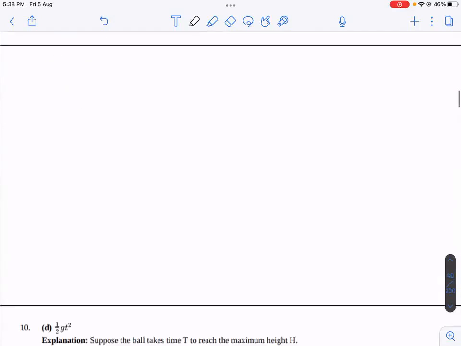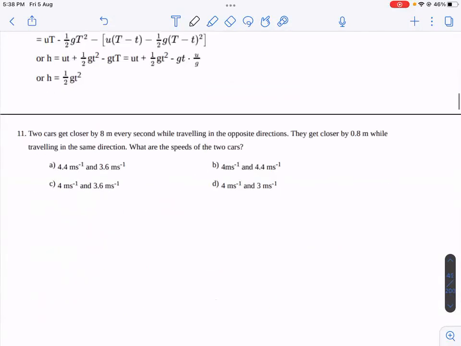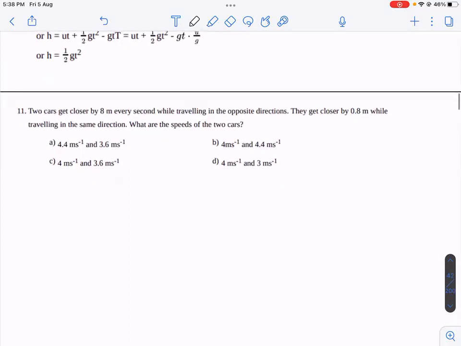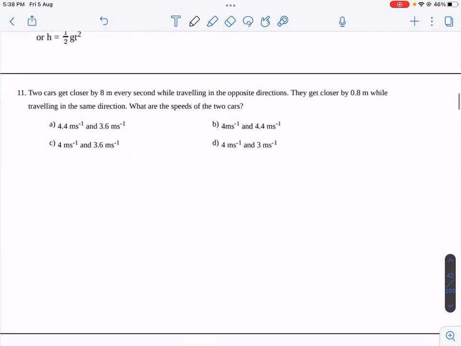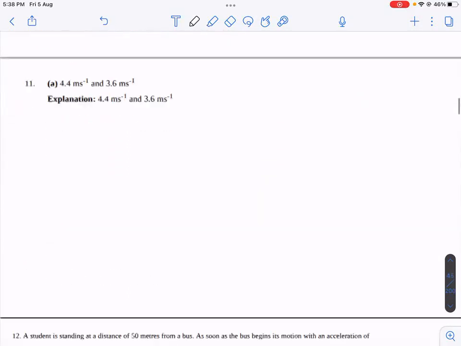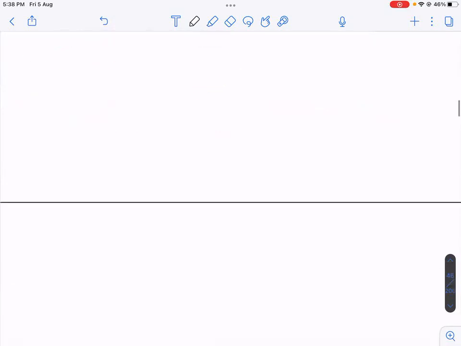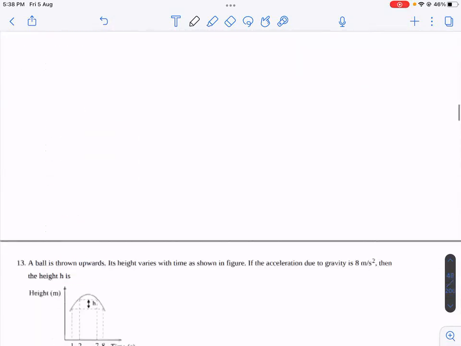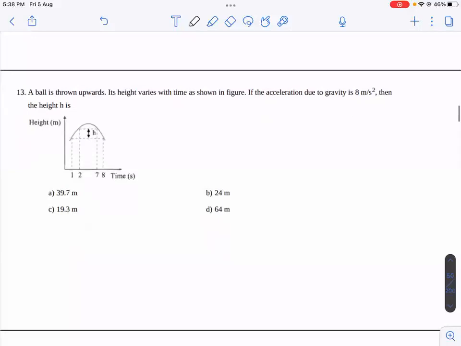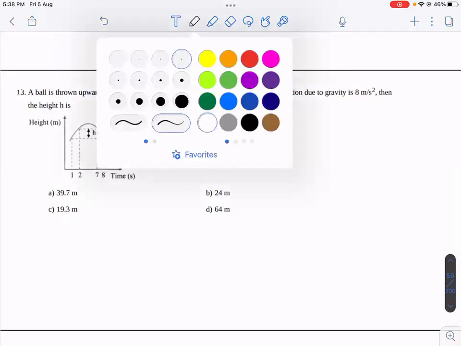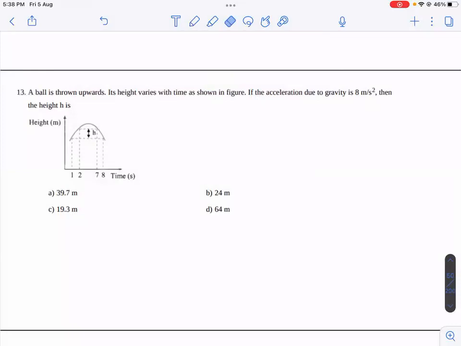Yeah, 10th we completed, 11th we did, and 12th also we did, that bus problem. So I think we need to start with the 13th one. Okay, let's get started.